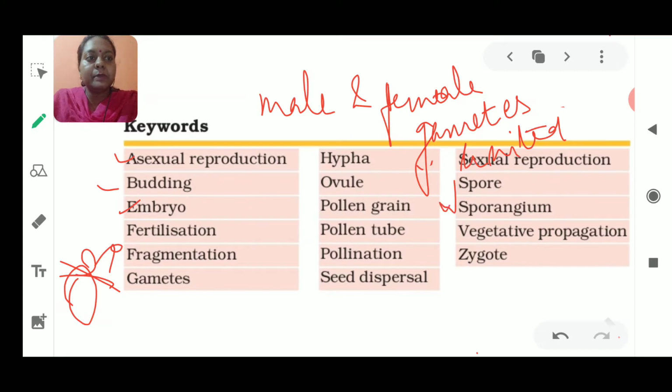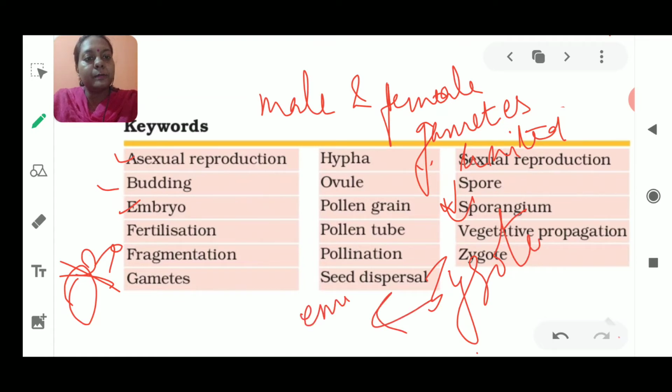Because of this, a new structure is formed, which is called a zygote. Now this zygote is going to divide, it is going to develop, and it forms an embryo. Once this embryo is formed, it develops into a seed. So what do you mean by embryo? Embryo is the developed part of the zygote.